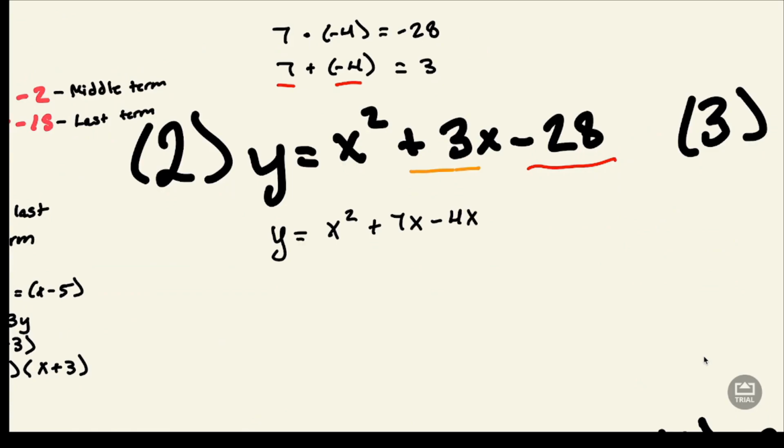And again, it does not matter if you put, for example, minus 4x here and plus 7x here, right? You'll still get the same answer. So plus 7x minus 4x minus 28, we follow through with the equation, right? So yeah, we put those two values right there in the middle of the equation.